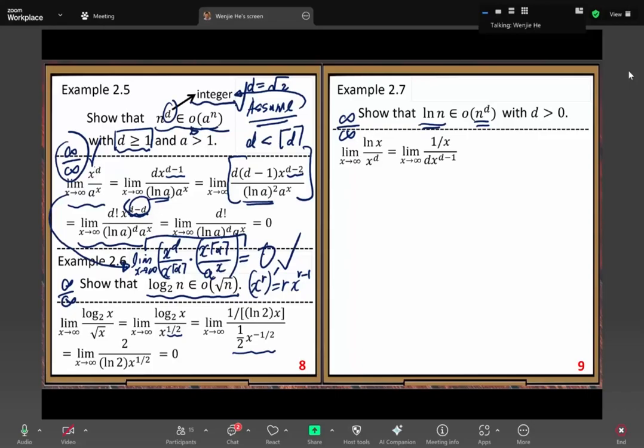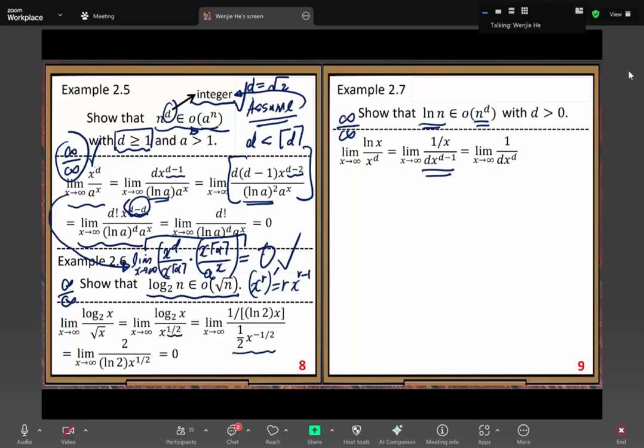That's the reason we want to use natural log here, because its derivative is so simple. Then the derivative of the denominator, apply the power rule: d times x to the d minus 1. After simplification, we have 1 over d times x to the d.